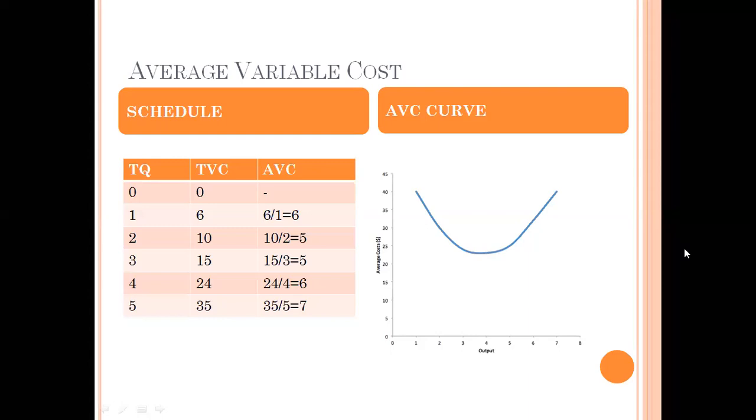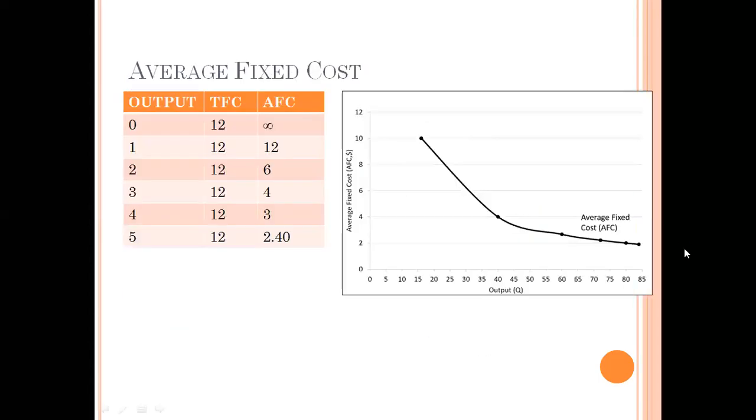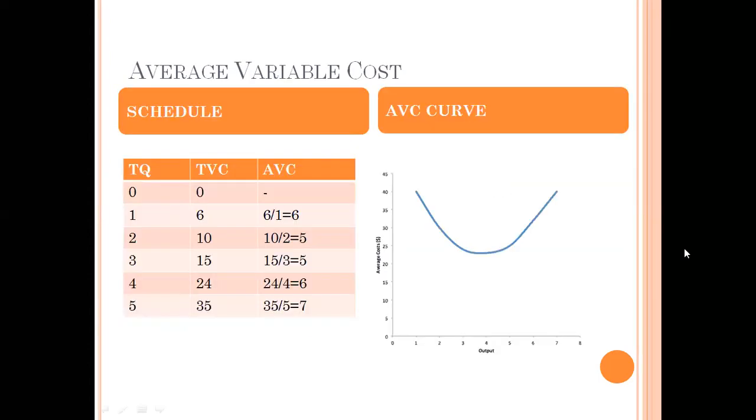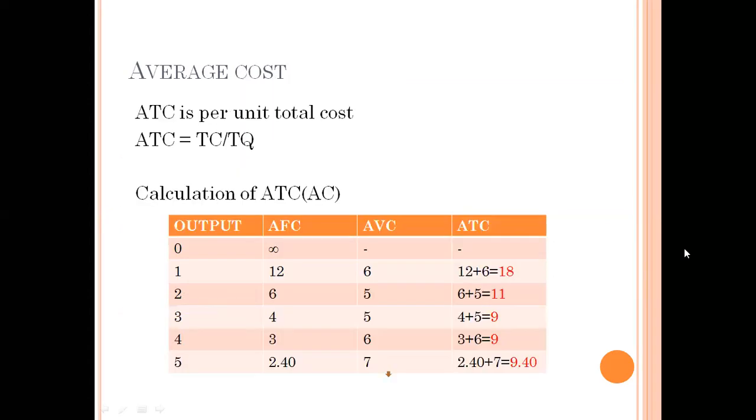Why? Because of the operation of the law of variable proportion, which gives a U shape to all these three curves. कौन सी? AC, AVC and MC. But why not AFC? Because we have just studied that AFC is always downward sloping because of constant TFC. All right. So the AVC curve is a U-shaped curve.